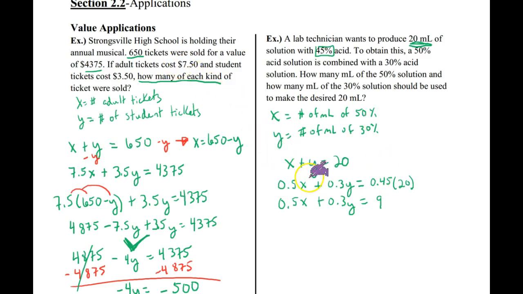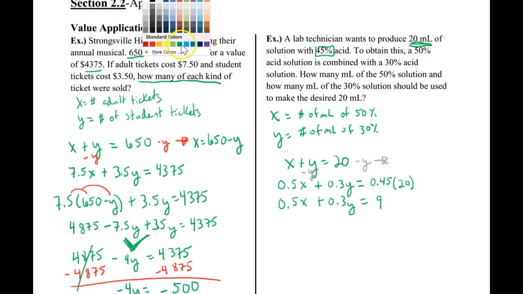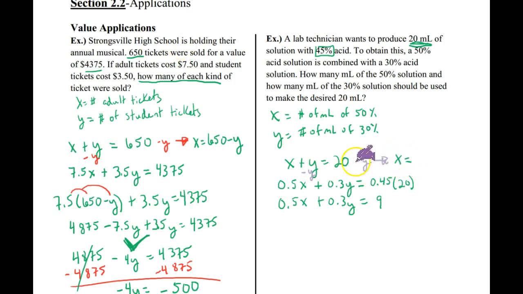I'm just going to go ahead and stick with getting x alone by subtracting y from both sides. And once I do that, I end up with this new equation here. X will equal 20 minus y.